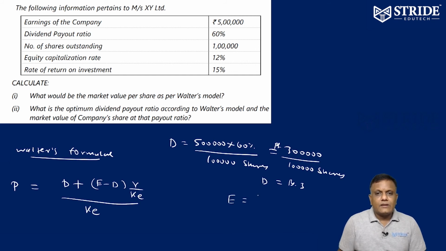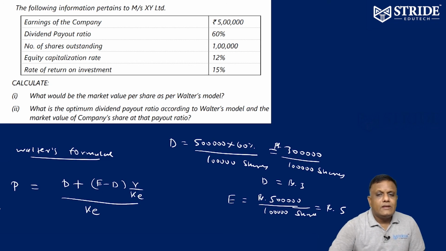E, earnings per share, is equivalent to rupees 5 lakhs by 1 lakh shares, which is equivalent to rupees 5. E is equal to rupees 5.